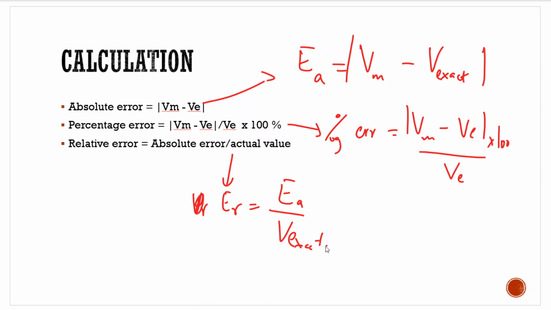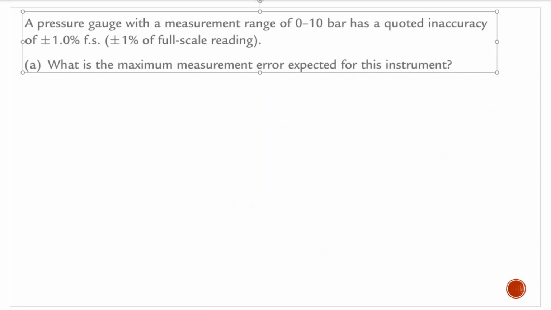So these are some calculations that will be required. They may not be used everywhere, but they are basic formulas that are required for calculation of different errors. So you have this.